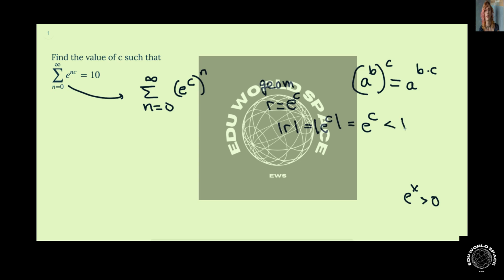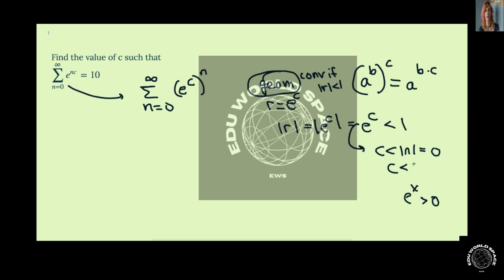You'd set that to be less than 1 because that's when a geometric series converges. Converges if absolute value of r is less than 1. And here you can solve this for c by just taking the natural log on both sides.